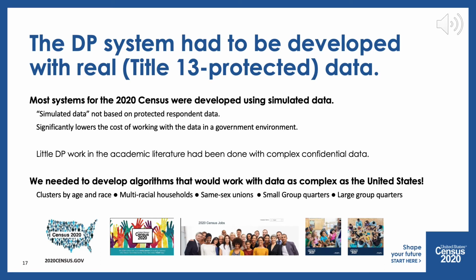So we needed to develop new algorithms that would work with data as complex as the United States. And in the US, there are clusters by age and race, there are multiracial households, there are same-sex unions, there's small group quarters and large group quarters, and they're all geographically diverse. So we needed to do this with real data, and that created privacy and confidentiality issues because we needed to do it on computers that were approved to hold that real data.